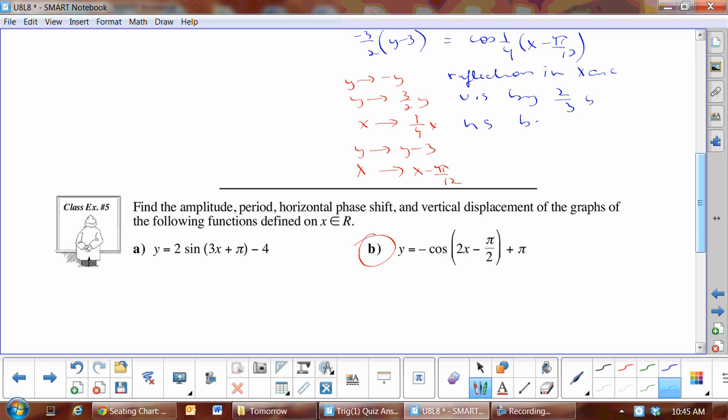Hold on. Okay, let me put vertical stretch by 2/3. What's the rest of that? Okay, next. Vertical.